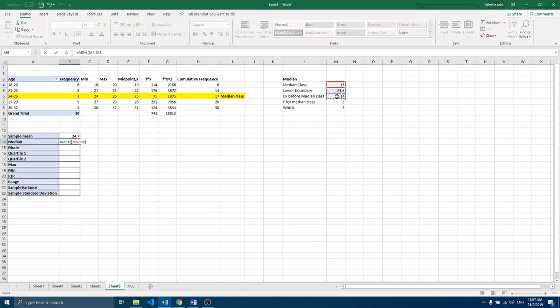Okay, close bracket, and then divide it by the frequency for the median class, close bracket, and then multiply with W, the width, and then enter. So you will get your answer. So your median is 24.5 years old.